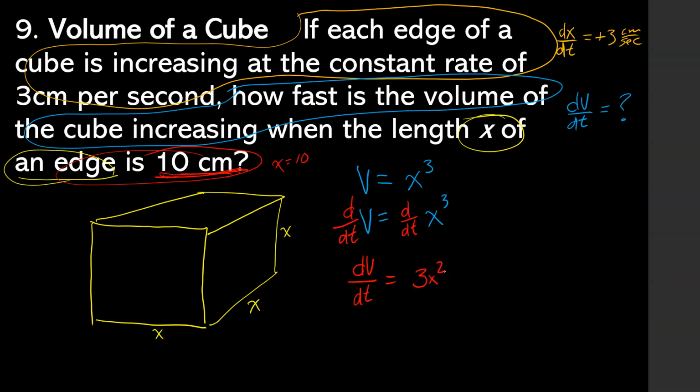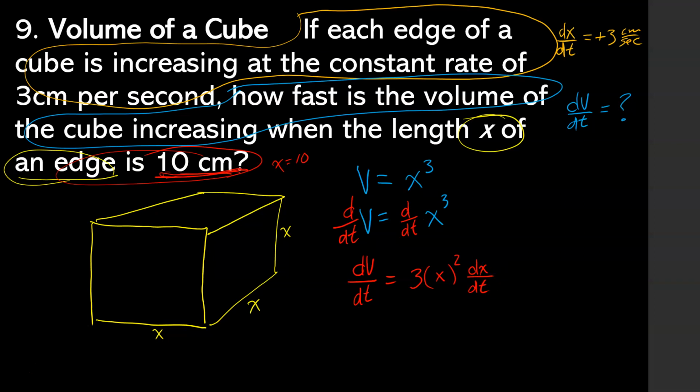But the d over dt tells us t is the input variable, which means x is the output variable of some function, x of t. So we're using implicit differentiation, the chain rule. So let's write that a different way. The derivative of something cubed is 3 times that something squared. Our something is a function x, which has a rate of change, dx/dt.